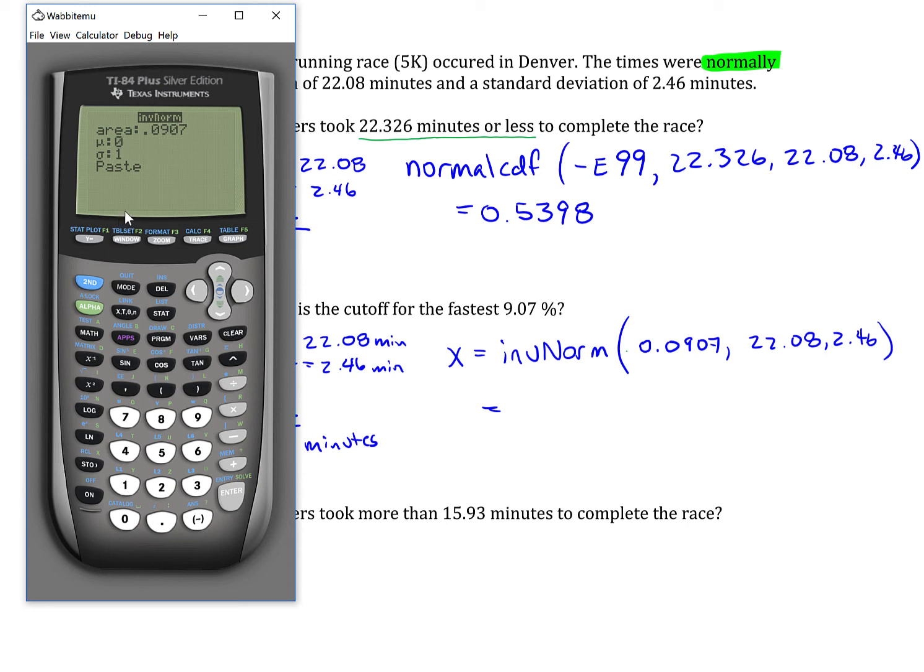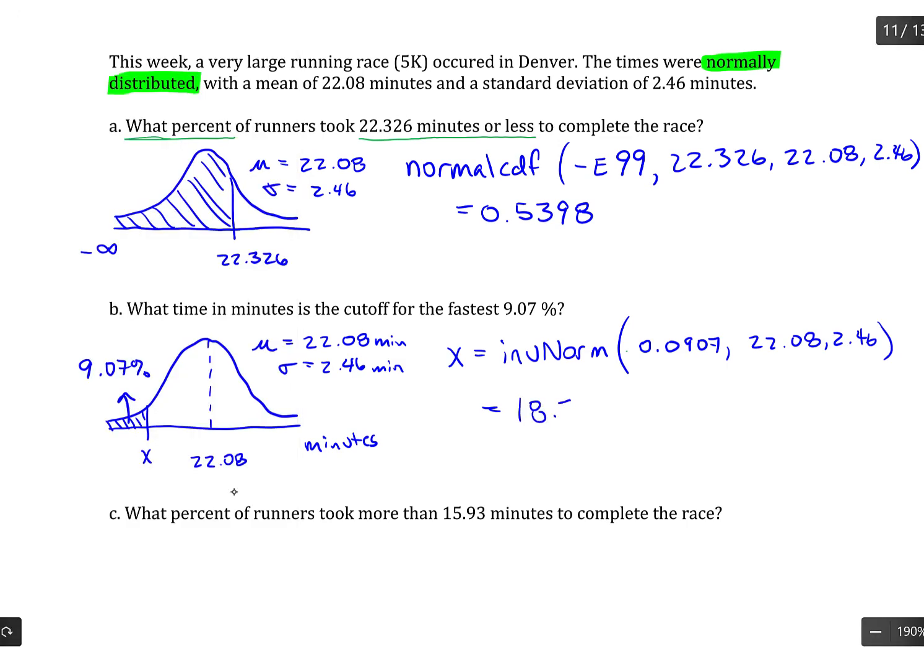Just enter your data into inverse norm, separated by commas. The mean is 22.08, and the standard deviation is 2.46. When you hit paste, the calculator just places that into the inverse norm function for you. And after you press enter, you'll get the answer, which I'll round to 2 decimals just to match the accuracy of the mean and the standard deviation, but follow any rounding rules provided in the problem.